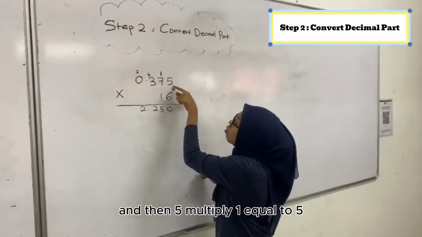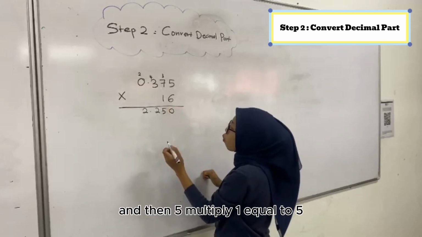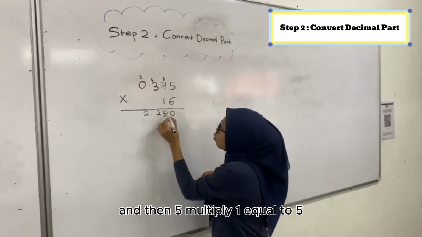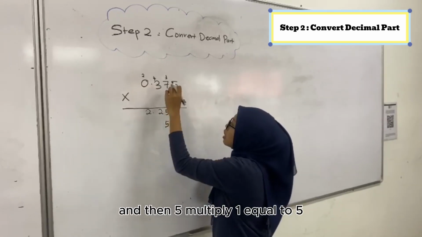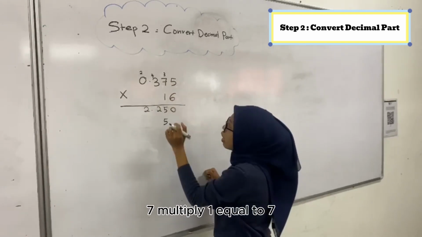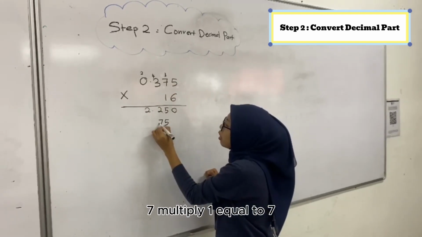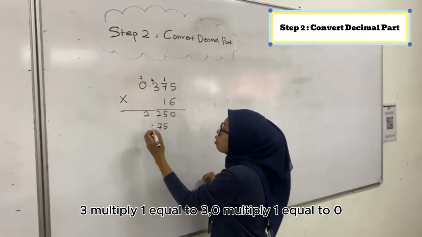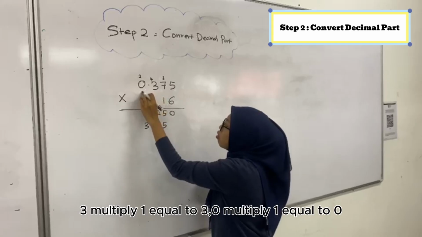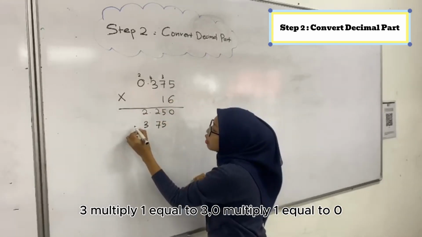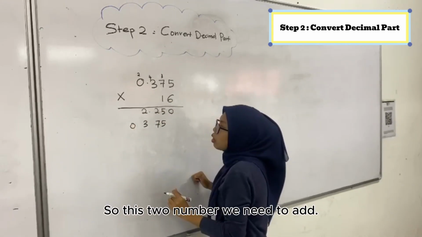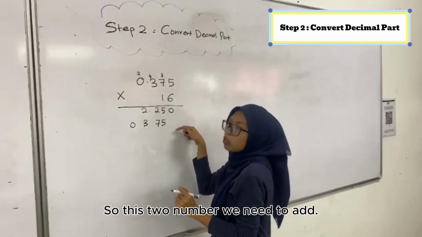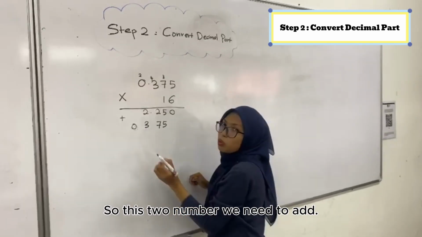And then 5 multiply 1 equal to 5. 7 multiply 1 equal to 7. 3 multiply 1 equal to 3. 0 multiply 1 equal to 0.